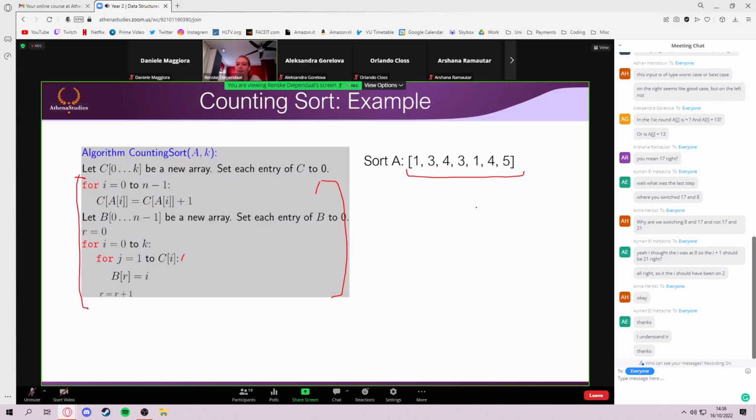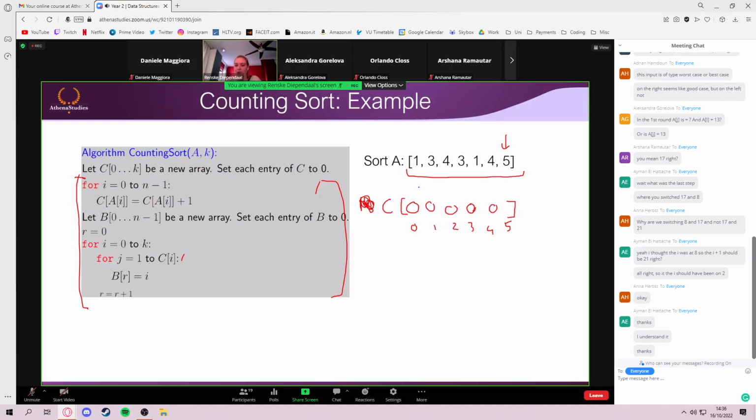if you start with an array like this, you need to make a new array called C, and you're going to fill it with zeros as many times as the highest number plus 1. So 5 is our highest number here, so we're going to have 1, 2, 3, 4, 5, this many zeros.